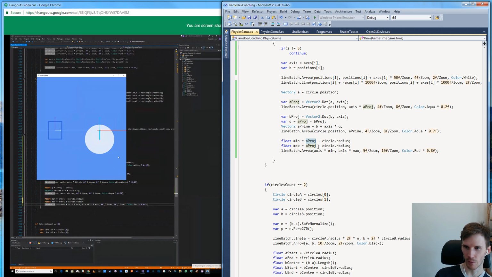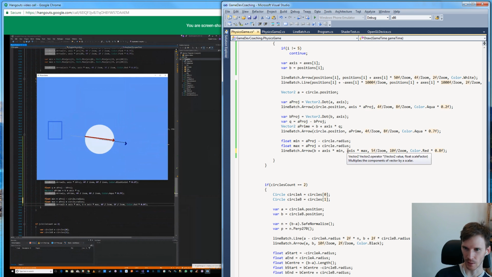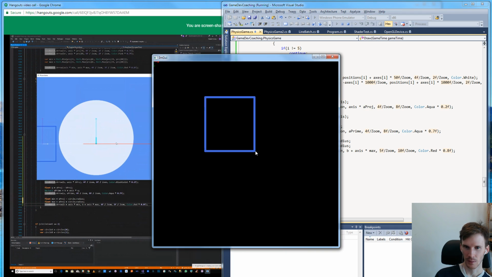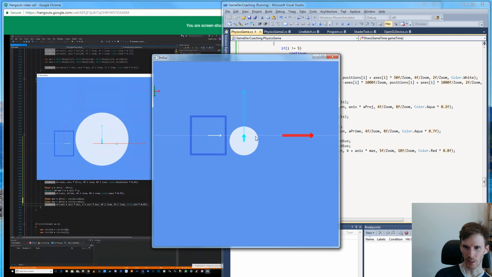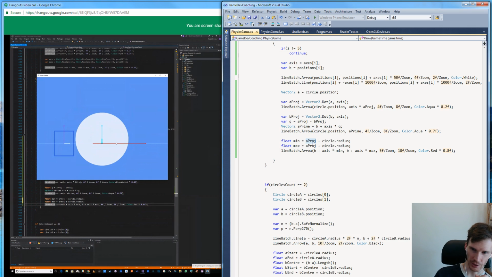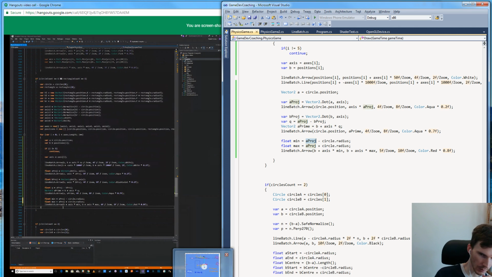We're on the correct axis, so we've got B plus that, and then if I run that, we end up all the way out here. So this projection is obviously not valid on this axis. So we go back to the diagram. This line is fine. We just have to figure out what that does.